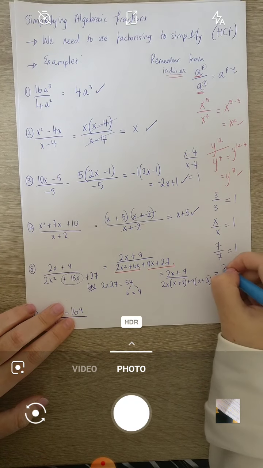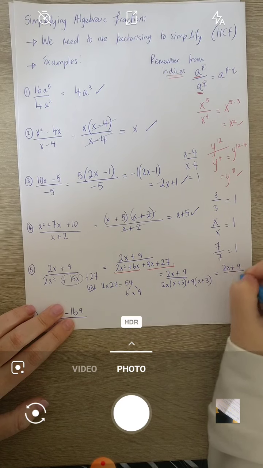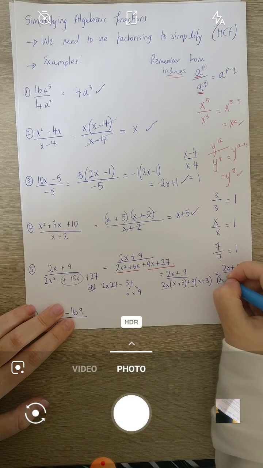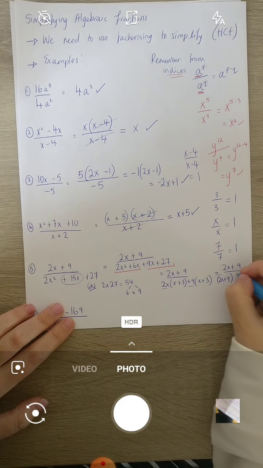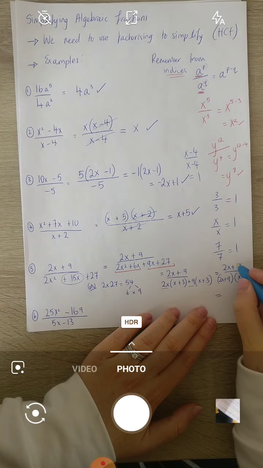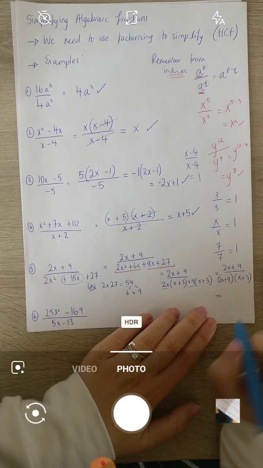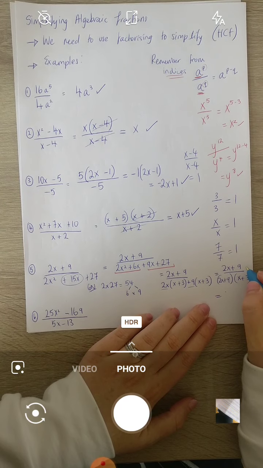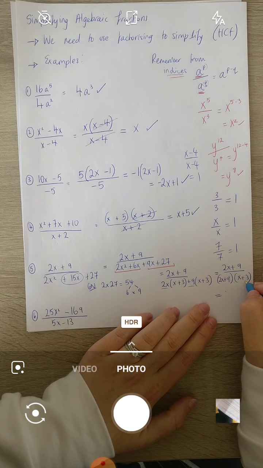So to simplify, we've 2x plus 9 over, remember the two outside terms are in the first bracket, so 2x plus 9. And then we're multiplying by x plus 3. And if you notice again here, 2x plus 9 over 2x plus 9 is 1. So our final answer here is 1 over x plus 3.